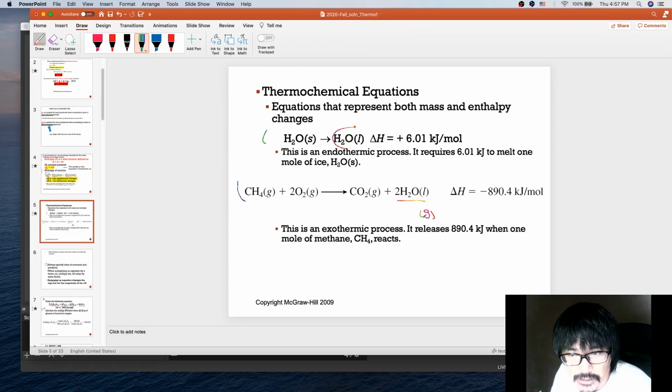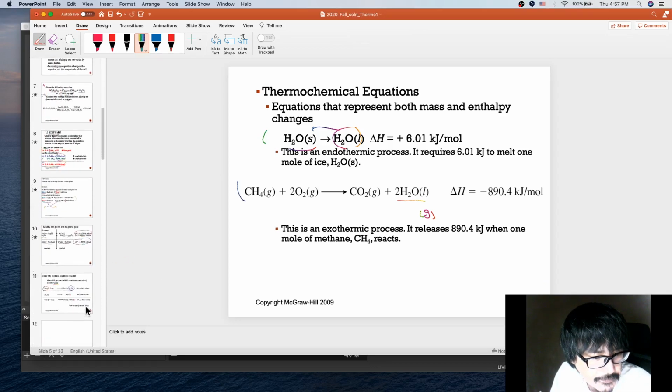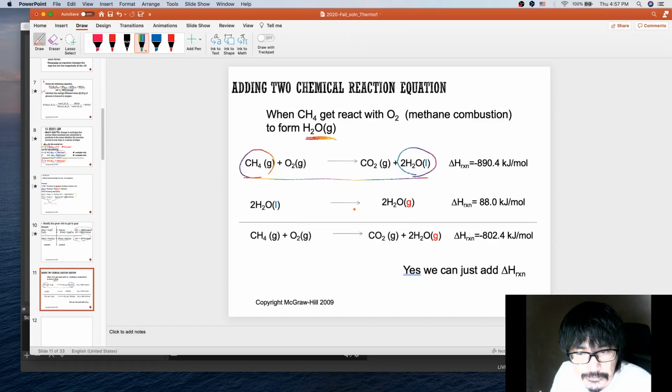I'm going to put these things into the reactant, and, oh, not that one, it's the gas, right? Actually it wasn't really a good one, so it's supposed to be the gas.